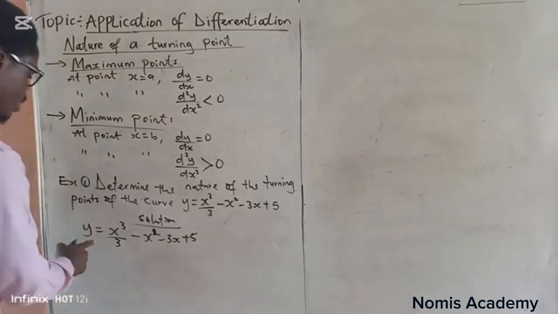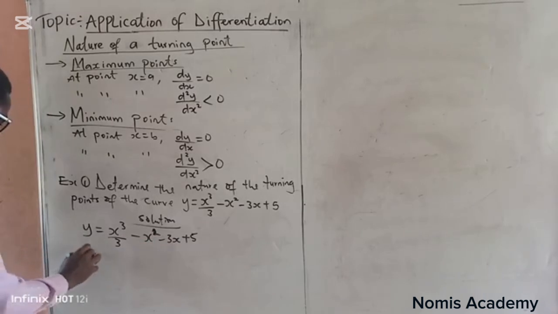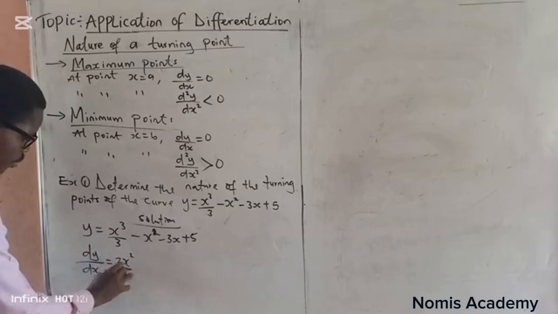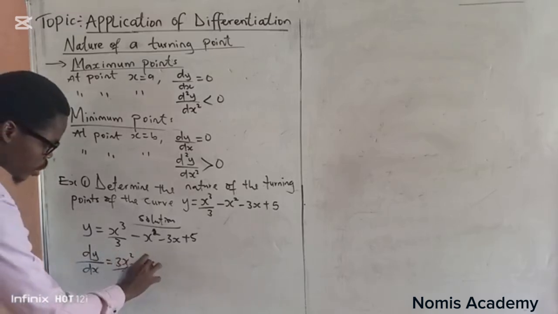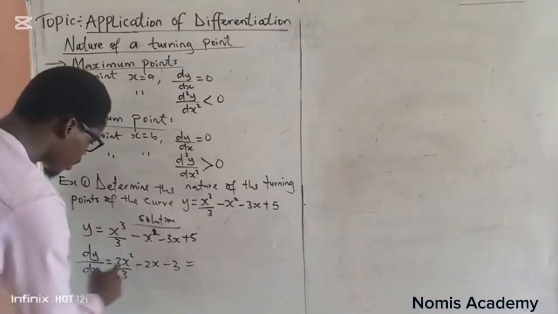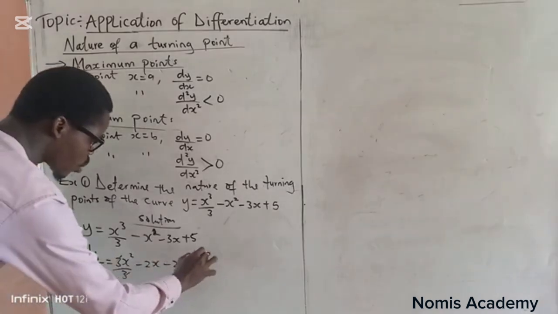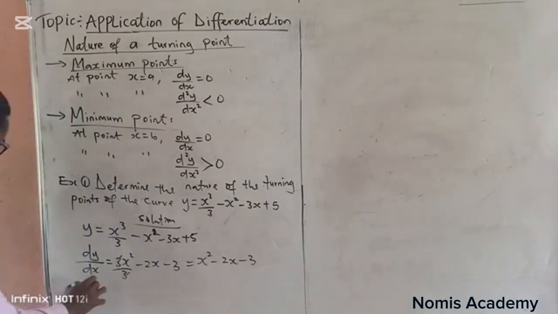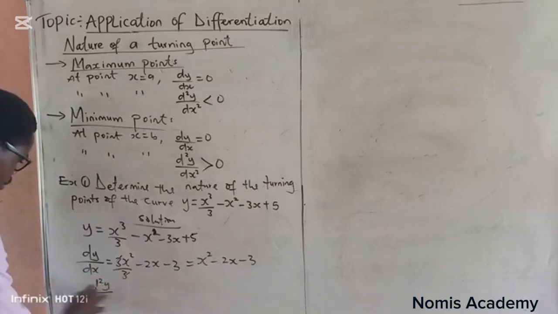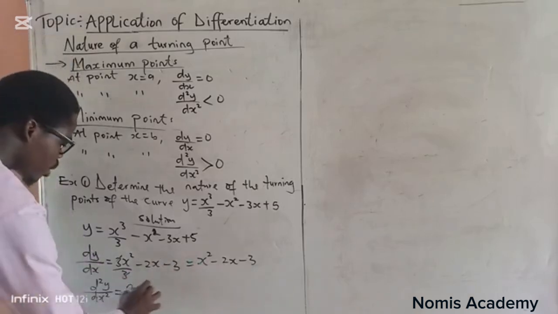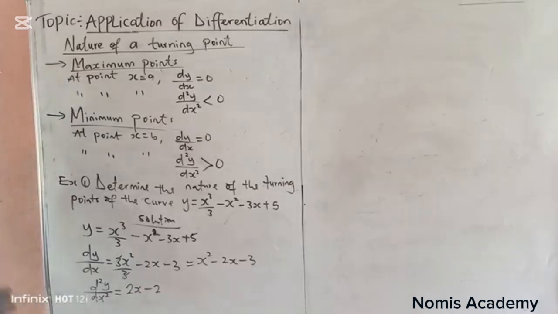Now we find dy dx of the function. dy over dx is equal to 3x squared over 3 minus 2x minus 3. So the 3s cancel, and we have x squared minus 2x minus 3. d squared y over dx squared is equal to, differentiating again, 2x minus 2.